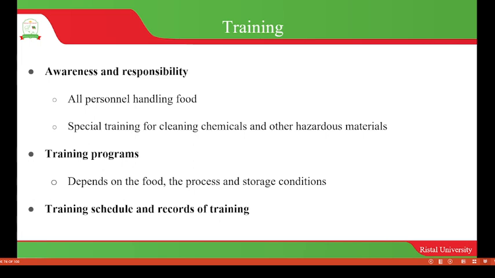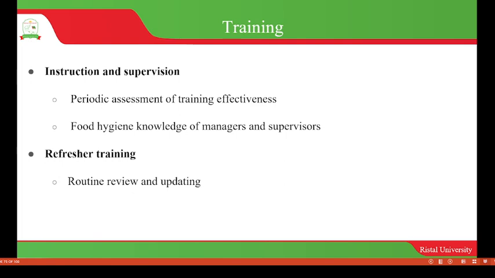Then there has to be training programs, and these training programs should be designed depending on the food, the process, and then the storage conditions. Then also we need to have training schedules and records of training for traceability and future use.